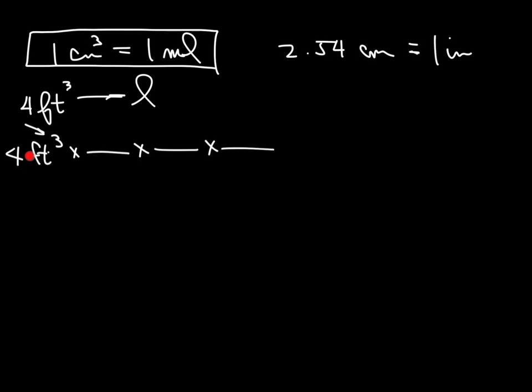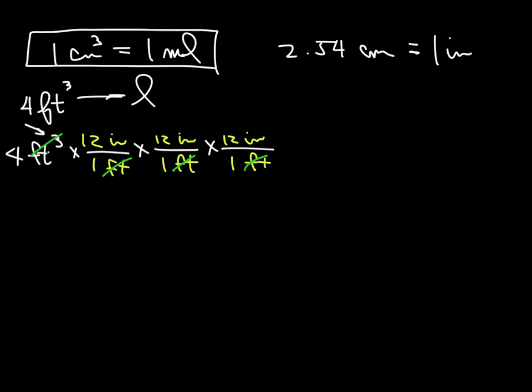So I'm going to have to change my feet to inches, and then jump over into the metric side and go from there. So let's go ahead and put my feet 3 times, and I know that there are 12 inches in a foot, and knowing that, I can cancel this foot, and this foot with these 3, and I'm left with inches.